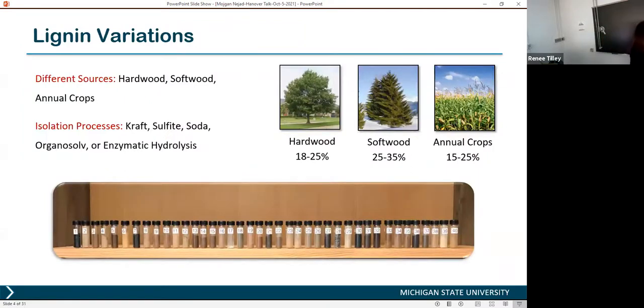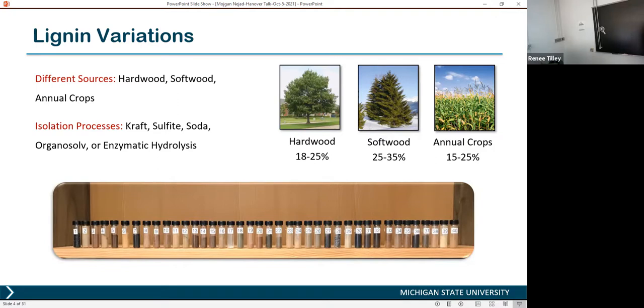Looking at the lignin, not only does the amount of lignin vary based on the type of plant, for example, hardwood has less lignin than softwood, and annual crops or agricultural residue have even less lignin than hardwood, but the structure of lignin also changes depending on the type of process used.